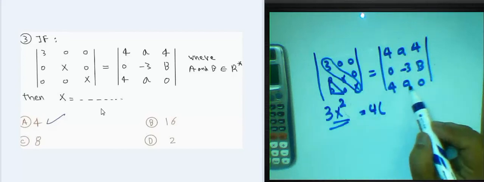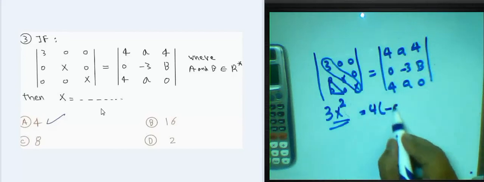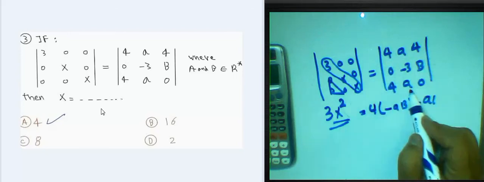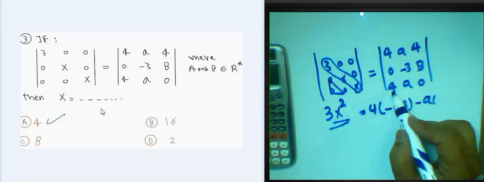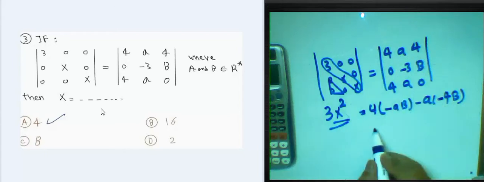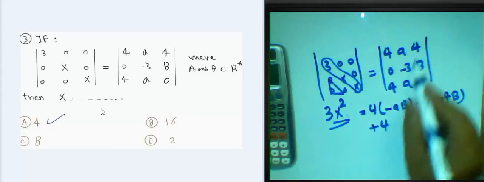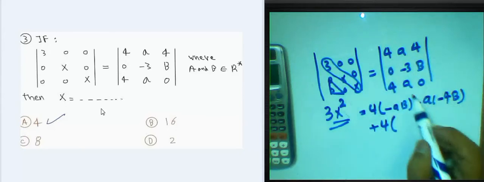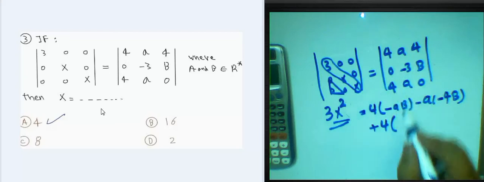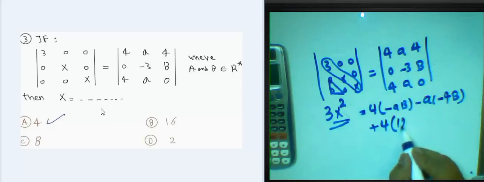Negative 3 times 0 subtract 4ab, it will be negative 4ab, subtract a, cancel row and column. 0 times 0 subtract 4b, and choose the last one, column here. 4, cancel row and column. 0 subtract negative 3 times 4 equals negative 12, times negative will be positive 12.